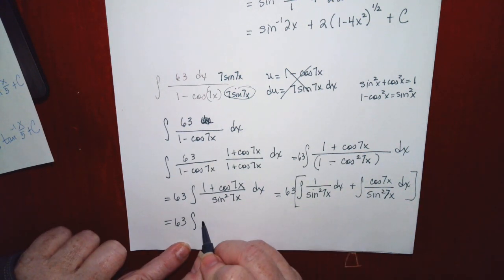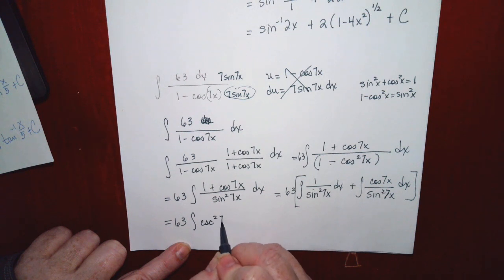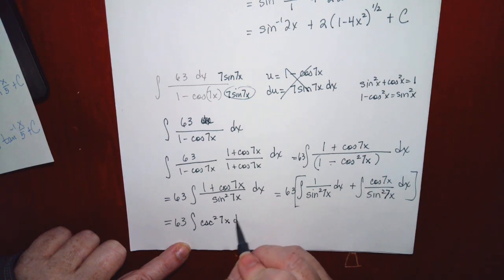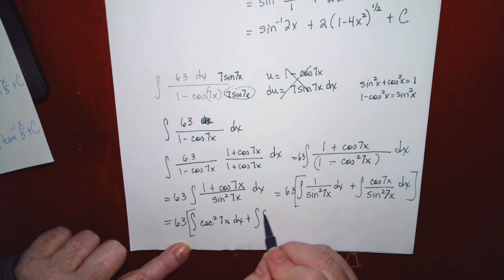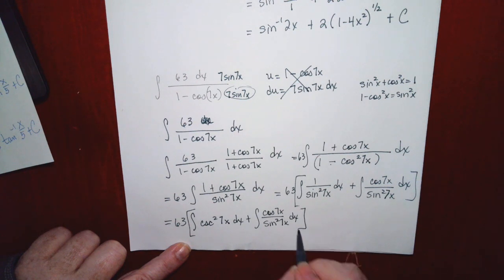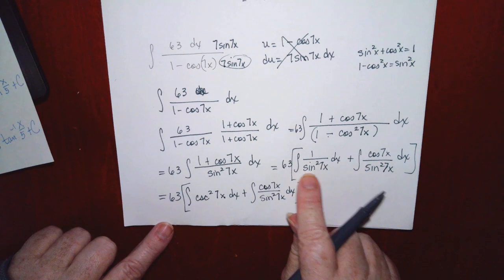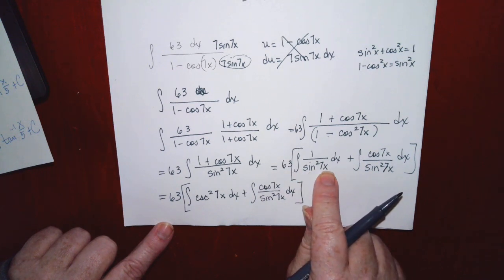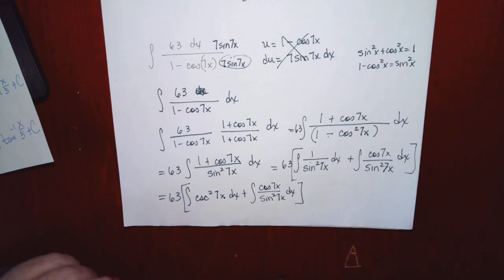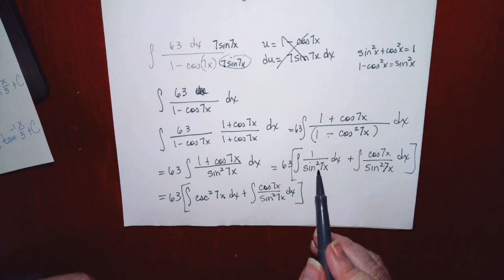So this would be cosecant squared 7x dx plus the integral of cosine of 7x over sine squared 7x. Now, why did I rewrite that? Well, if I tried to let u just be sine of 7x here, then du would be a cosine of 7x, and I don't have a cosine in this part.